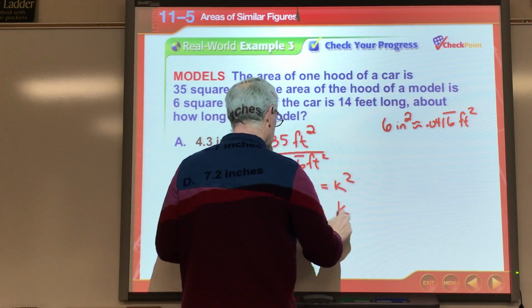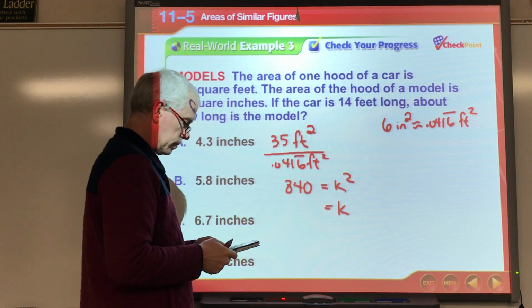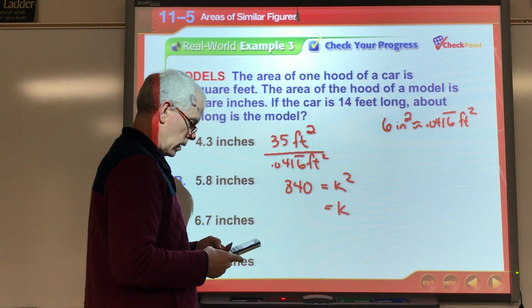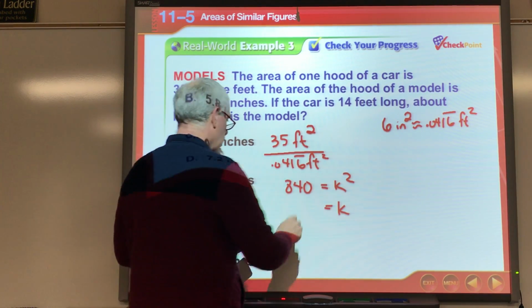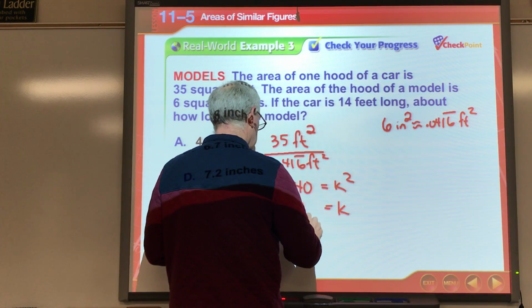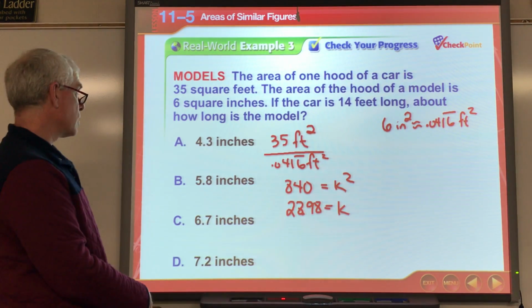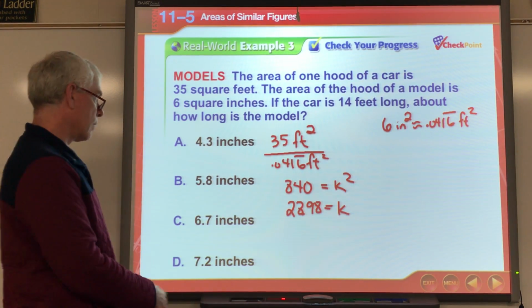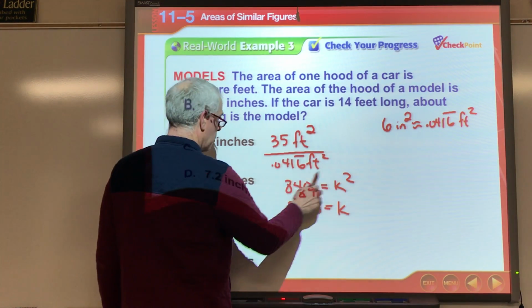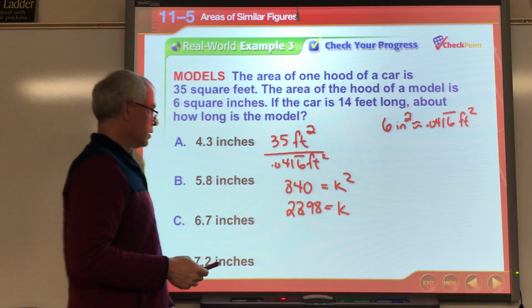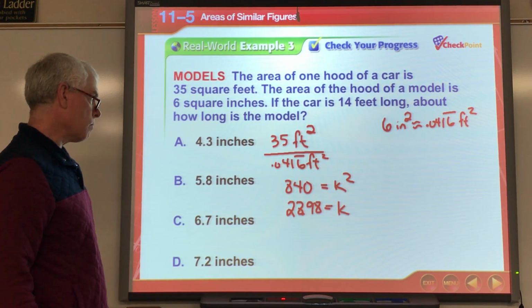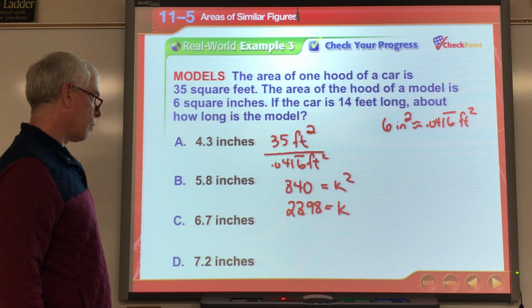So k is the square root of that number, or about 28.98. Okay, so that's your scale factor. I have to multiply this by about 30 or so to get up to there. So how do I do that then?